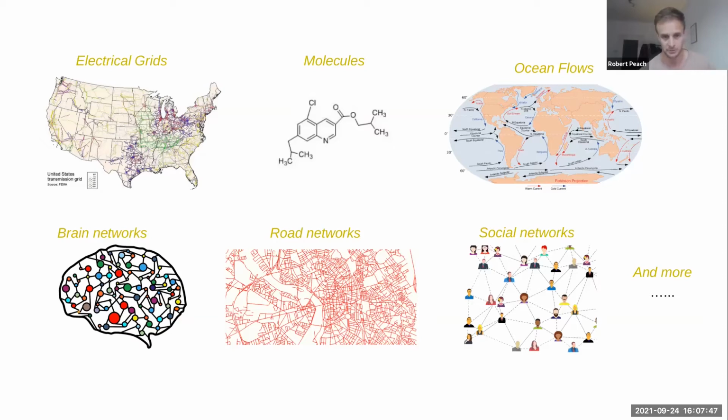Brain networks, which I'm sure many of you are very familiar with, of which there are many different types, from functional through to structural connectivities, and social networks, and many more. Really, any system where you have relational data between actors or nodes, you can try and model it using a network.